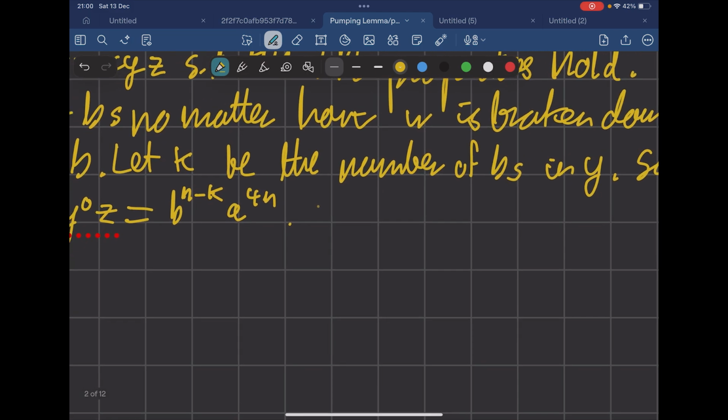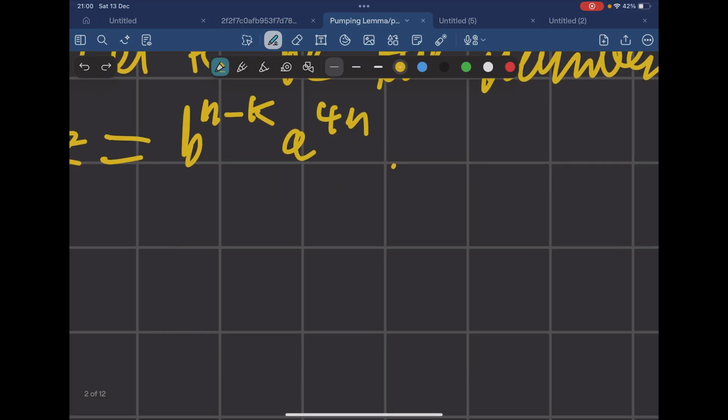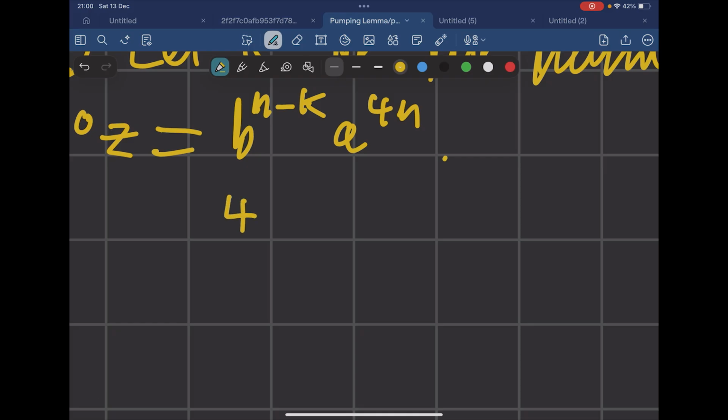And what does this tell us? For this string to be in the language, what we need is that there are 4 times as many a's as b's. So for there to be 4 times as many a's as b's, how many b's do we need? We have 4n a's. The number of b's we need is 4n divided by 4, which is just n.